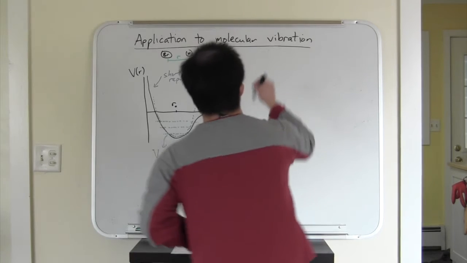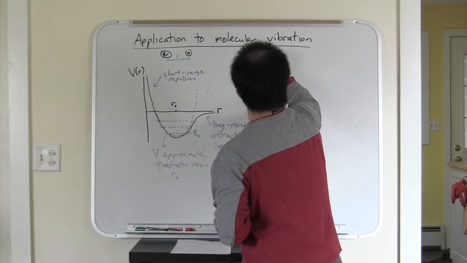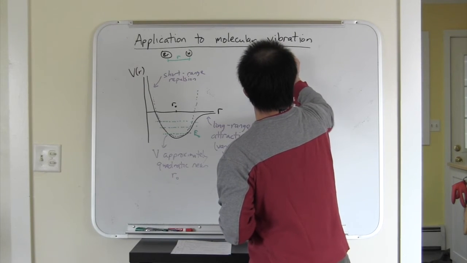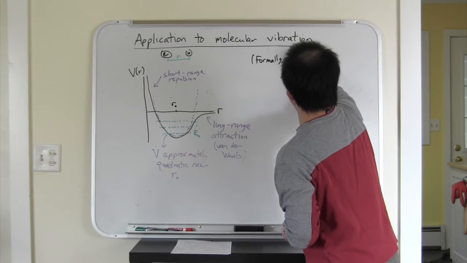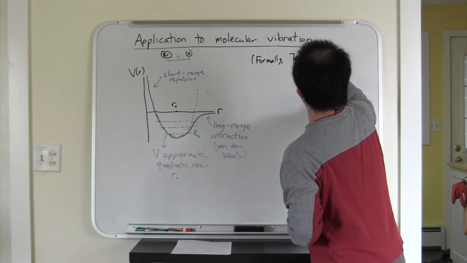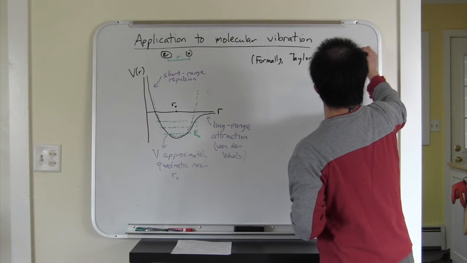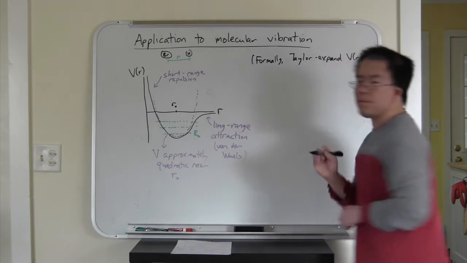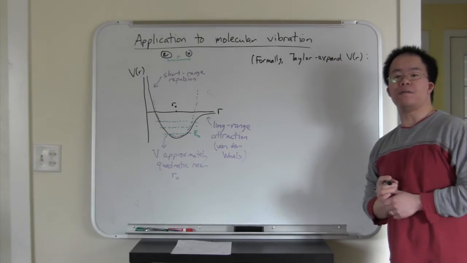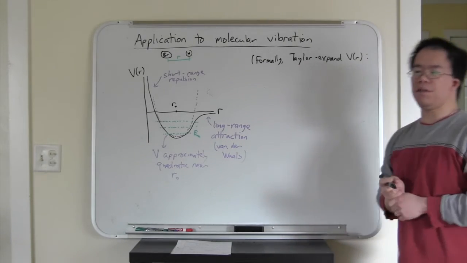So formally, Taylor expand: near R0 I can write the potential energy in the following way.